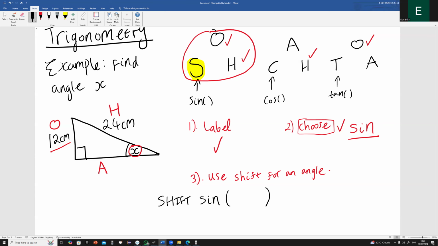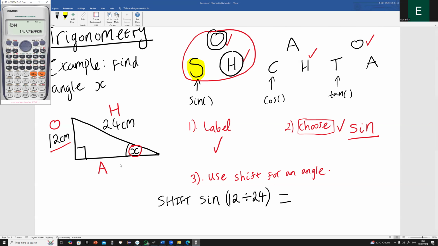We have O over H, which means divided by. So we need to now type in the opposite, O, divided by the hypotenuse H, which was 24. You write that in and you press equals.